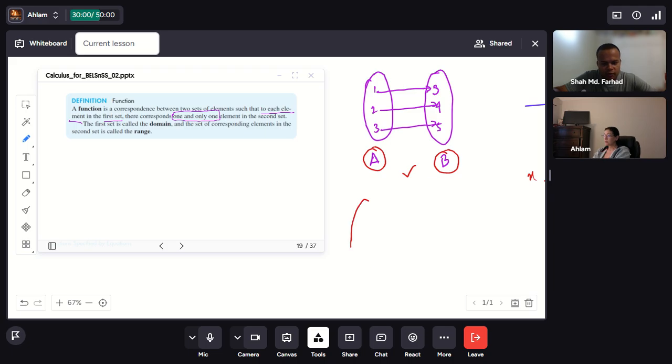Now, can you check whether this one will be a function or not? 1 2 and 1 2 3. The second one is a function, but the first one is not, because we have two outputs, and we can't have two outputs for one input.